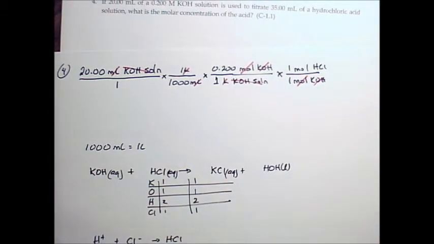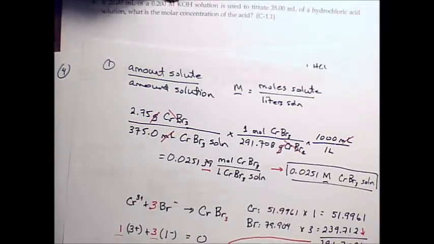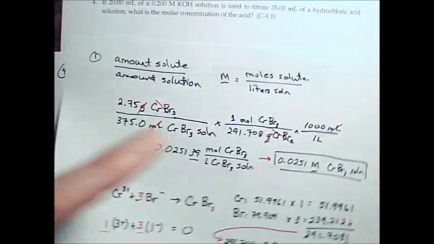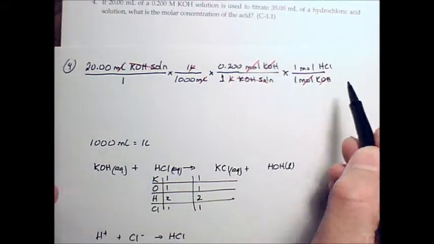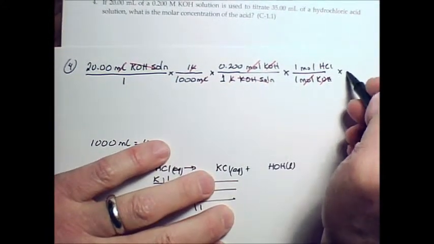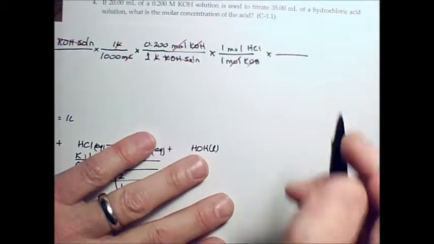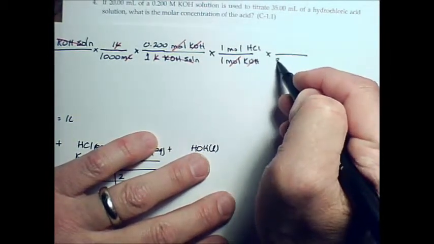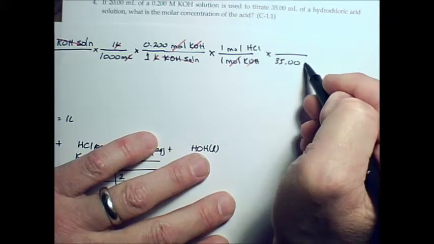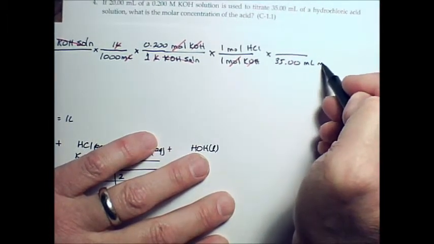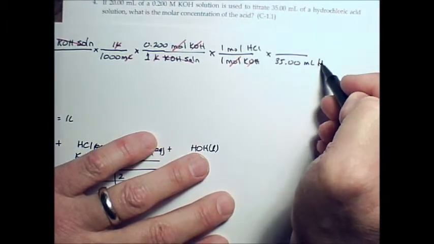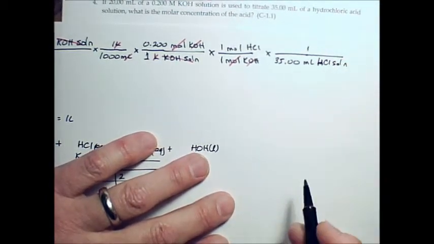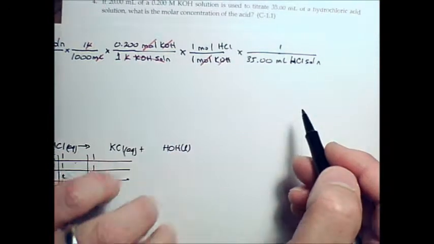Recall then molarity, which is what we're trying to find. Molar concentration of the acid is moles of solute per liters of solution. We have moles of the solute. We've got to get liters of solution on the bottom. We don't have liters of the solution, but we do have milliliters of it. So I can put that on the bottom, and then convert that to liters.